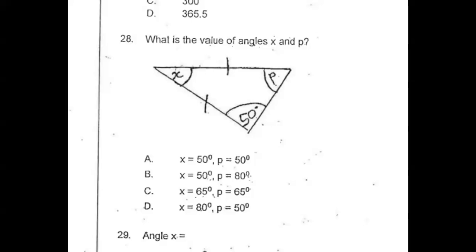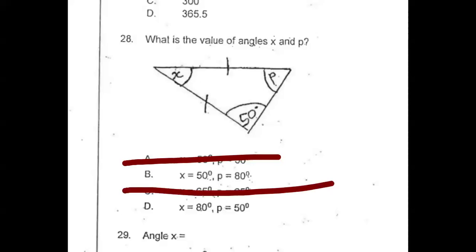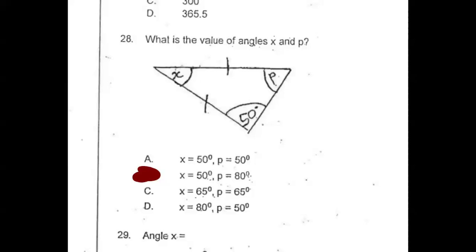It's not an isosceles triangle. So it's not going to be A, right? Not isosceles. Again, same thing with C, not isosceles. X is smaller than P. So if X is smaller than P, our answer is going to be B, right? Our answer has to be B.